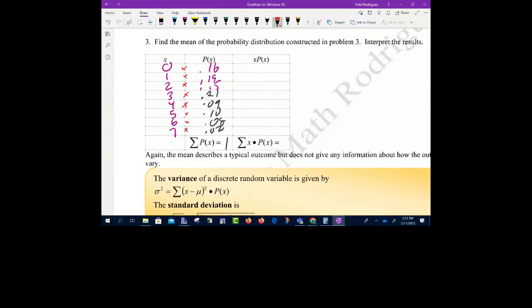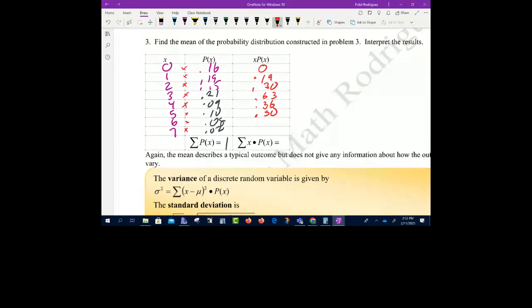So 0 times 0.16 should be 0. 1 times 0.19 is 0.19. 2 times 0.15, I know, is 0.30. 3 times 0.21, let's see, 3 times 1 is 3, 3 times 2 is 6, so 0.63. 4 times 0.09 should be something like 0.36. 5 times 0.10 is 0.50, right?